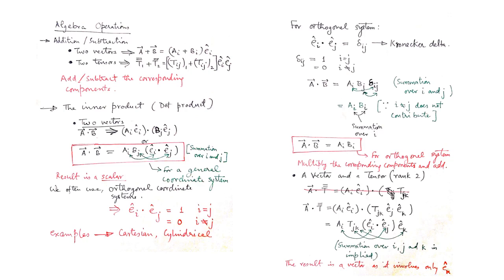So e_i dot e_j is given a special symbol known as the Kronecker delta, written as delta_ij. This symbol means that delta_ij must be 1 when i is equal to j and must be 0 when i is not equal to j.